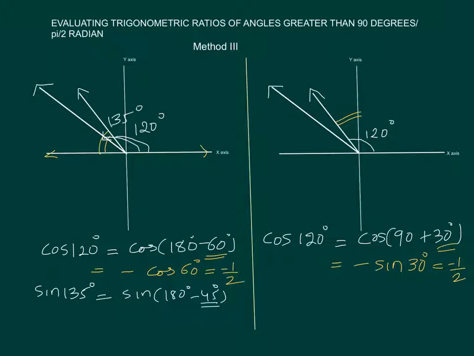Then 45 is the reference angle and the x-axis is the line of reference. So sine will remain sine and it is equal to sine of the reference angle. Also sine is positive in the second quadrant. Hence the answer is 1 by root 2.